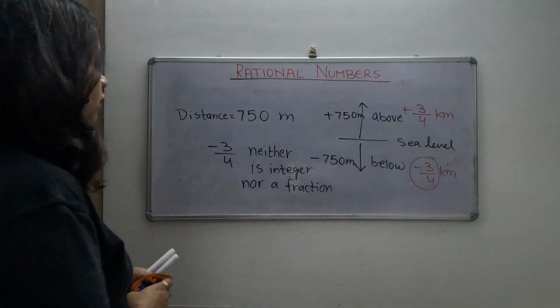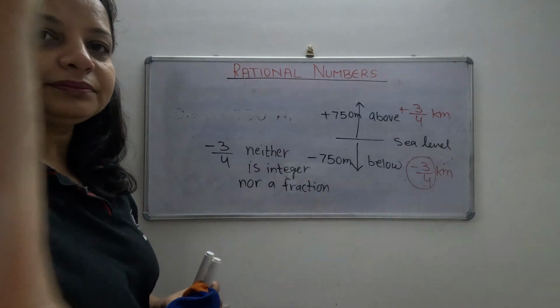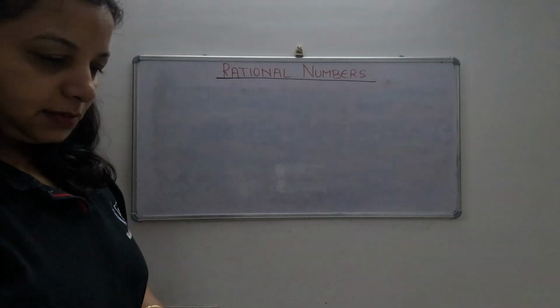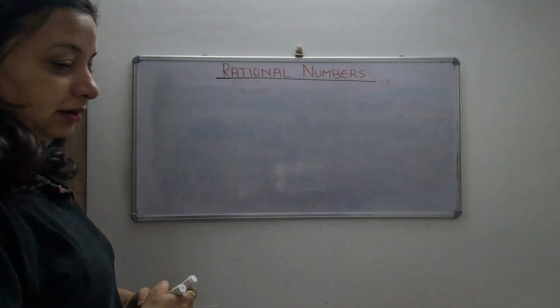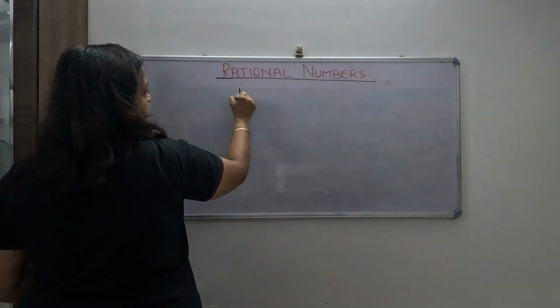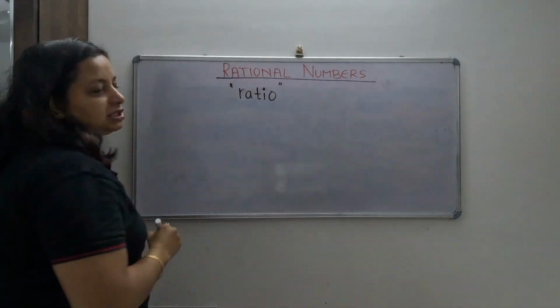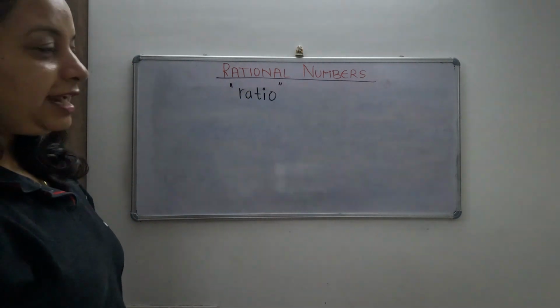Okay, so now come to the point. What are rational numbers? The word rational arises from the word ratio.